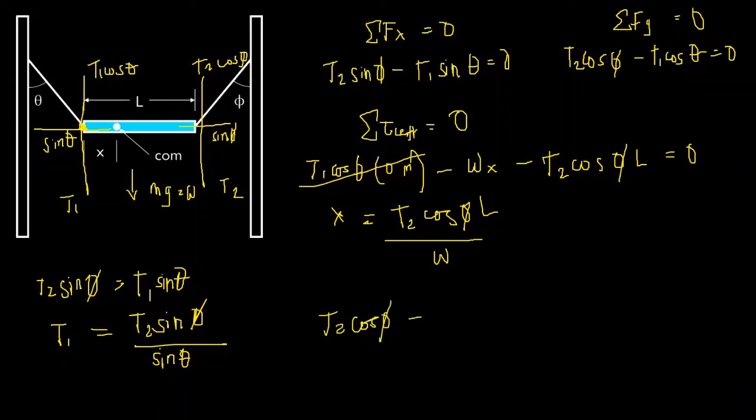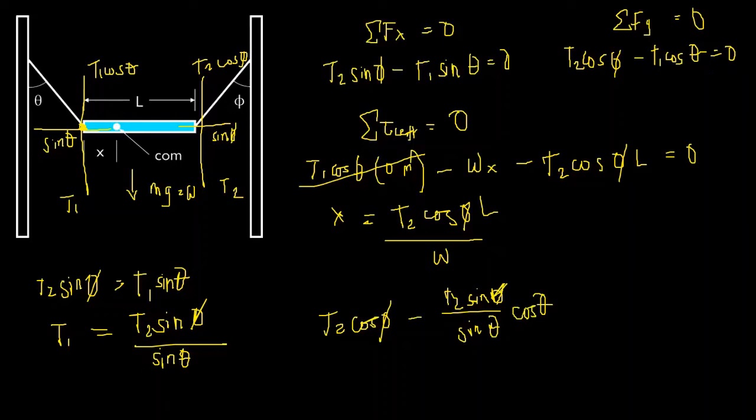So that is T2 sine phi over sine theta. Ito yung T1 natin, di ba? Tas ikakabit natin dito yung cosine theta. Ayan. So, this will be our working equation.